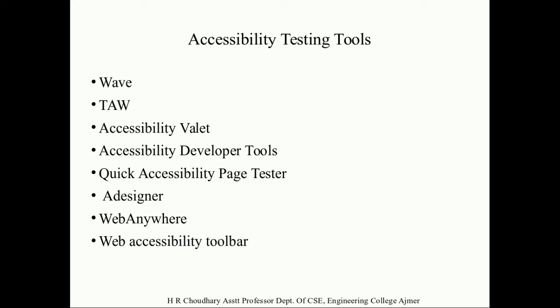What is Wave? Wave is a free web accessibility tool created by WebAIM. It is used to validate a web page manually for various aspects of accessibility. This tool can be used to check intranet, password-protected, dynamically generated or sensitive web pages.